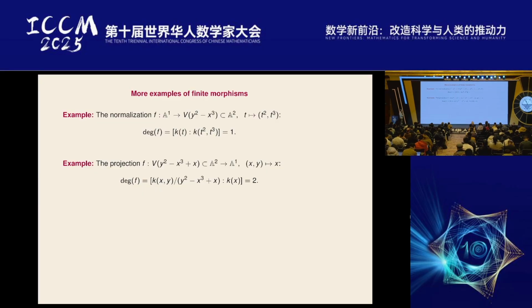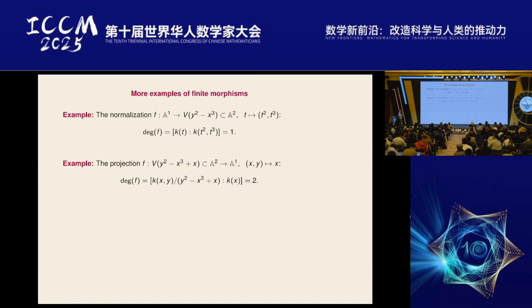Another example is to, again, work inside the two-dimensional affine space and take this degree 3 polynomial, so this defines a degree 3 algebraic curve. And I'm going to define the map from this algebraic variety to A1 simply by projection.